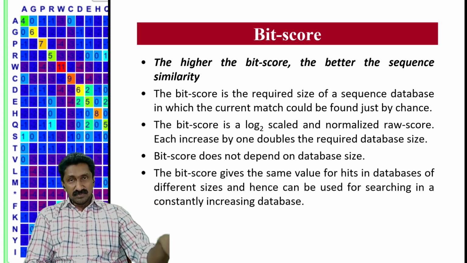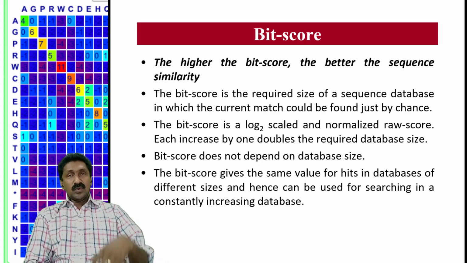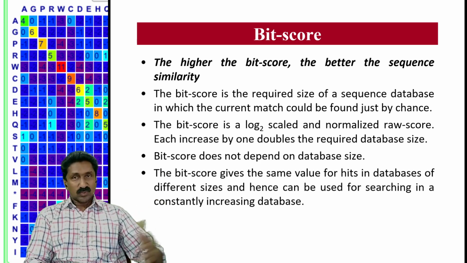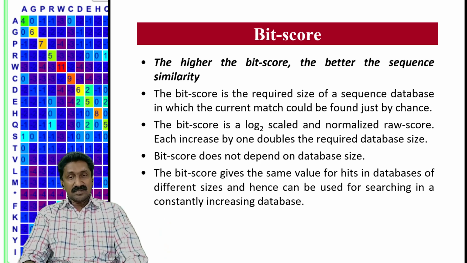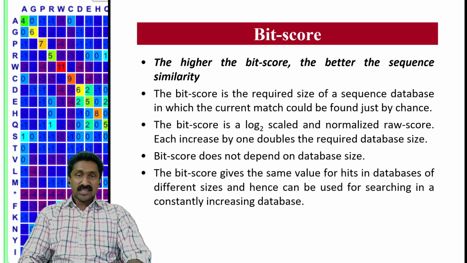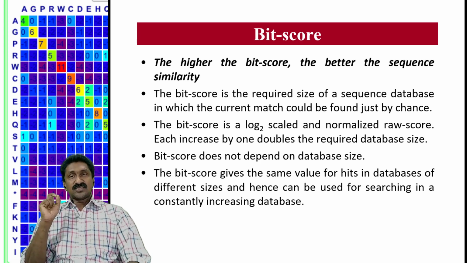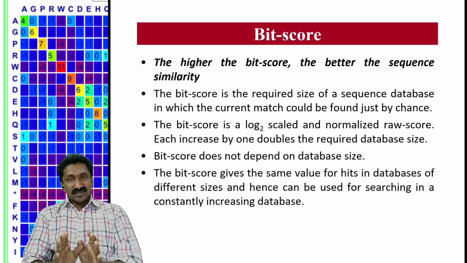And the overall world population may be 700 crores or 1000 crores or 10,000 crores. Probably it will be increasing. Still, your entire initial database size is the same, because you are saying that you will find one match in a size of 130 crores. So that is actually a fixed one.